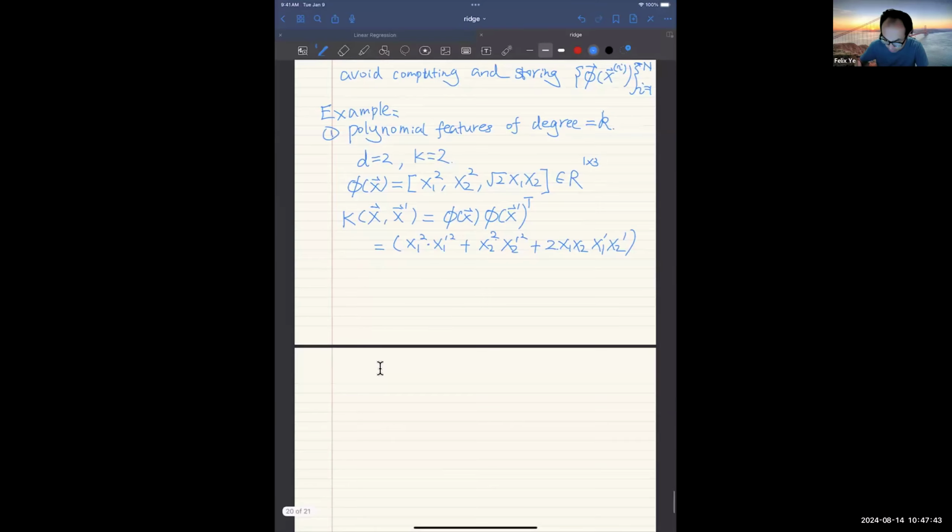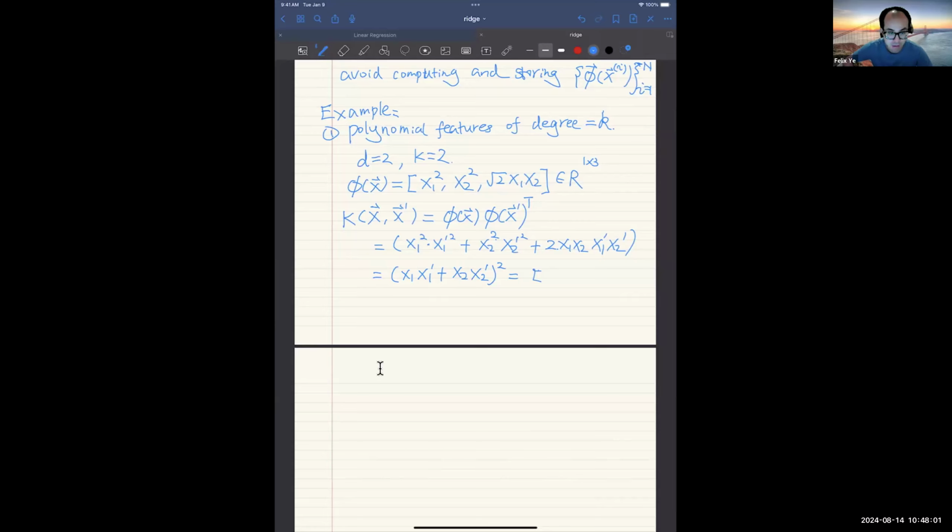So if you do that, you are getting (x1 x1 prime plus x2 x2 prime) squared. Then you can rewrite things into a vector.